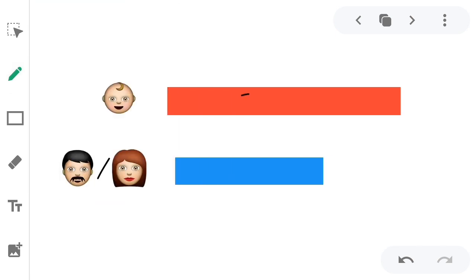So we have to find out how many more times the baby breathes. That means we will find this value. And how can we find this value? By subtracting 150 from 500.